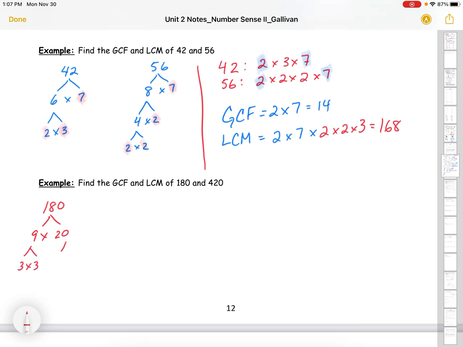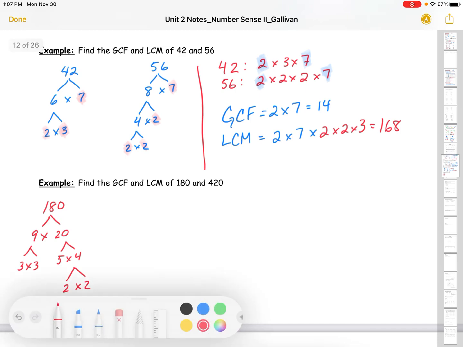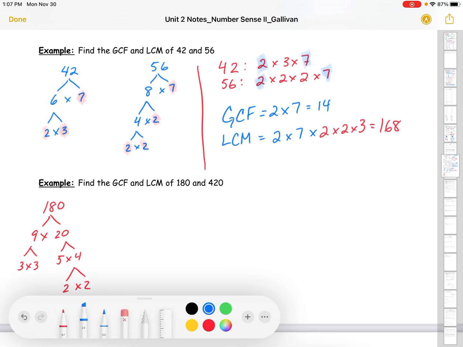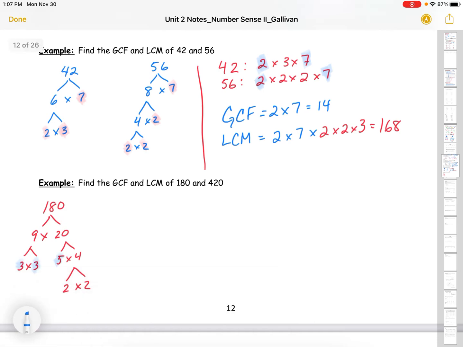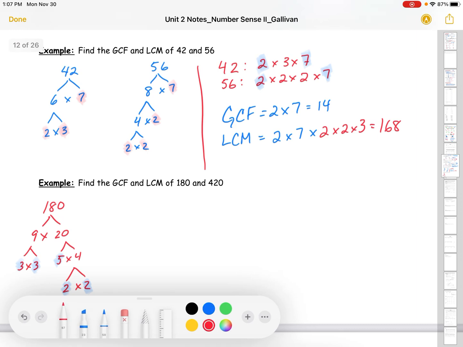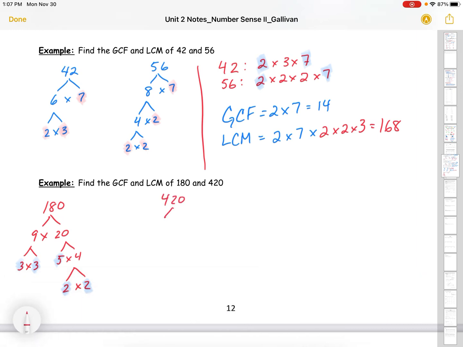So 9 would be 3 times 3, and 20 would be 5 times 4, and 4 can go down to 2 times 2. Now, let's just double check, make sure we got all primes. 3 is prime, 3 is prime, 5 is prime, 2 is prime, and 2 is prime. Okay?